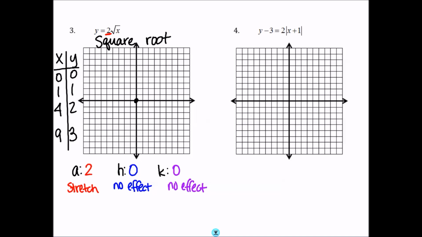But since I have an a value of 2, I cannot just graph my regular square root function. I have to stretch it.